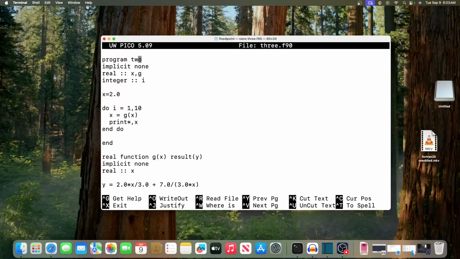Again, the name of the program really isn't important, at least not at this stage of the game.